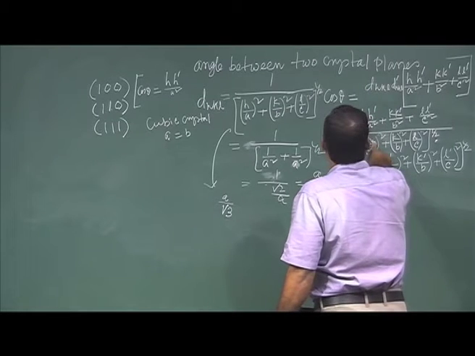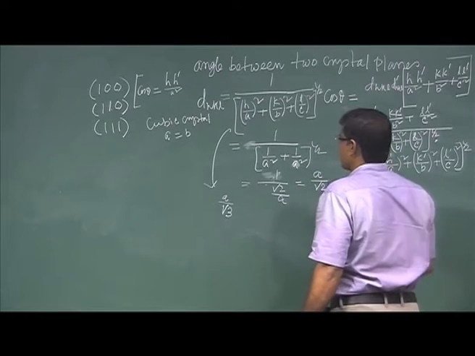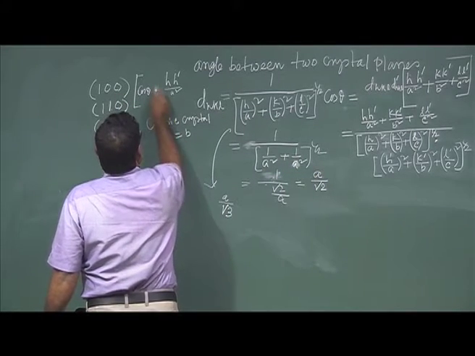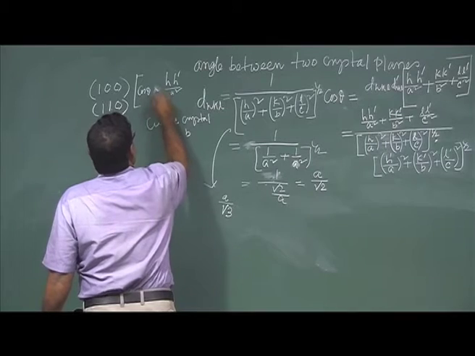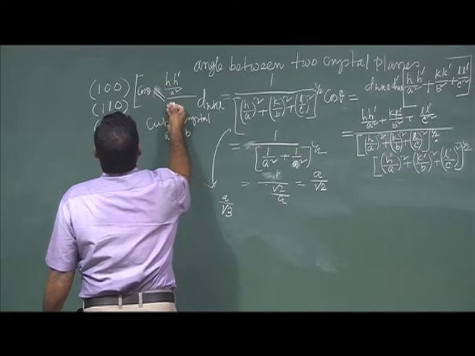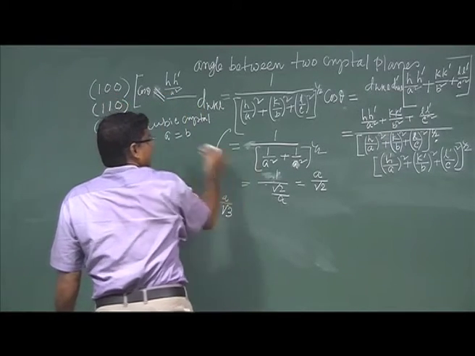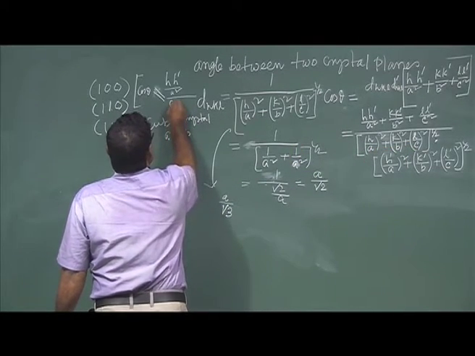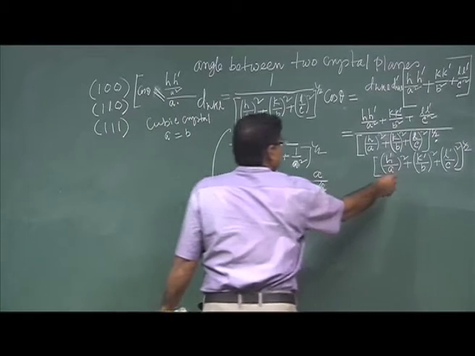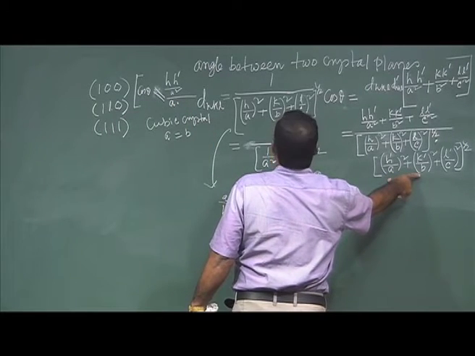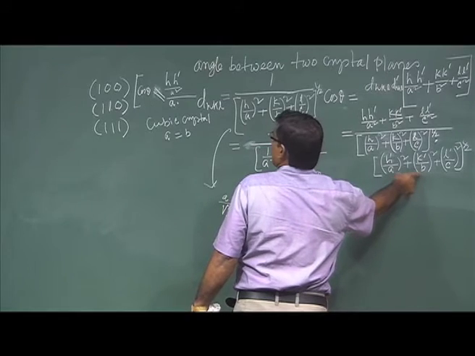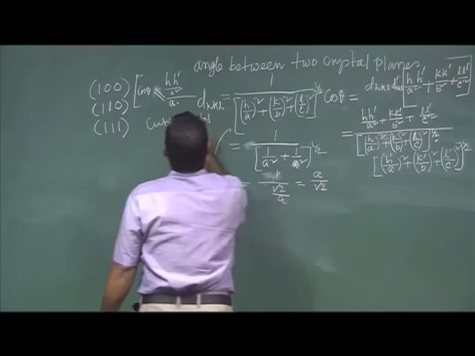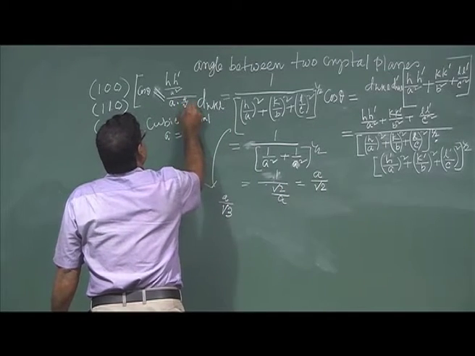For 1 0 0 it will be the d value, d 1 0 0, that is basically a, and for the other plane it will be a by root 2, right.